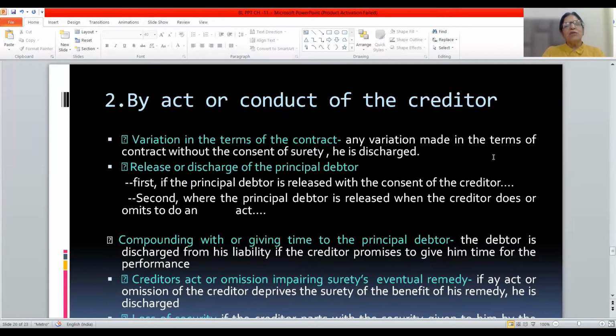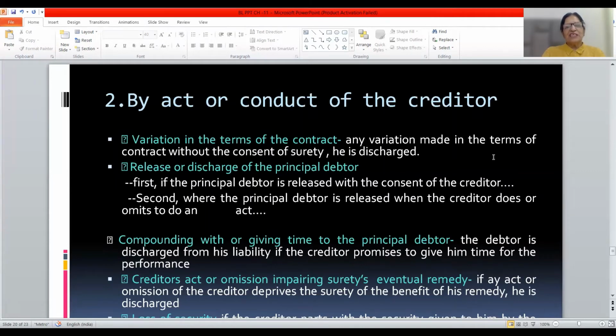Coming to the second mode, which is by act or conduct of the creditor. How the creditor behaves, he acts or he conducts, and through his acts or conduct, the surety is discharged from his liability. Here there are 5 to 6 points I will explain with the help of example. Variation in the terms of the contract.